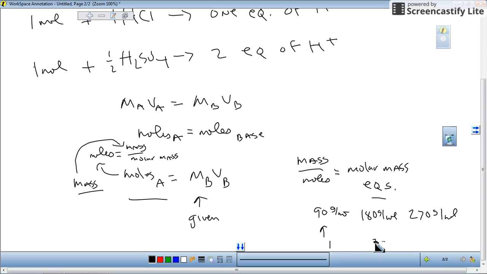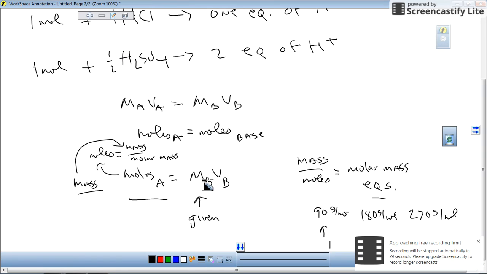This being 1 equivalent, 2 equivalents, 3 equivalents. So your job, real simply, will be just to look for that once you do your titration, and you'll know the molarity of this, and then you'll be able to do that.